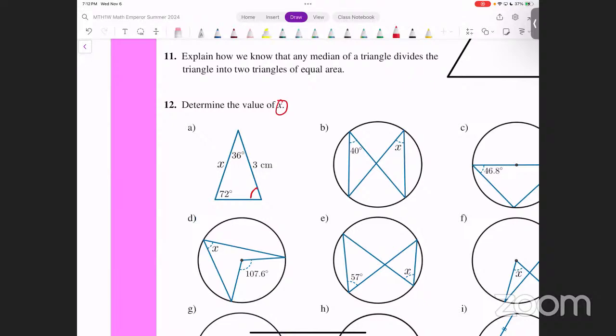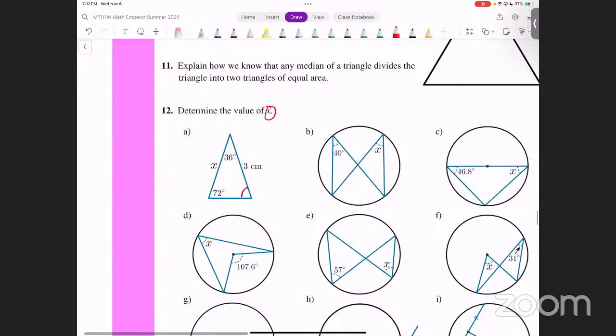Shreya, how big is the marked angle? 72. What do you get? You got 108. How do you get 108? I add what to find the angle? Why did you do that?